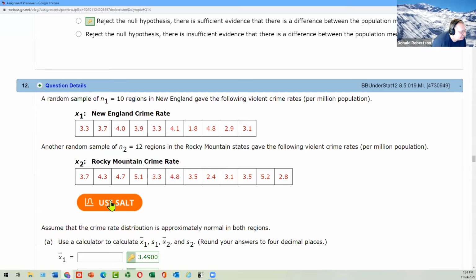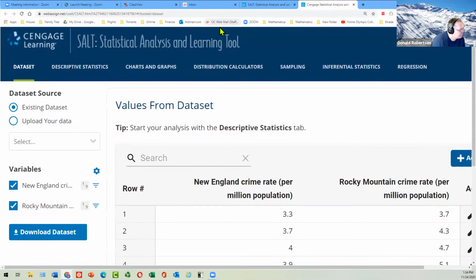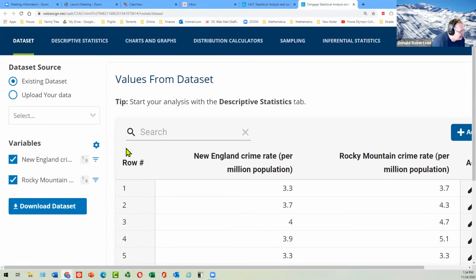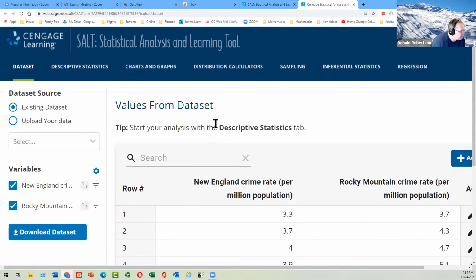If you hit use SALT, which is here, it's already pretty much got everything that you need. It already knows what the data is called. This is New England and the other place is Rocky Mountain. I think it's to do with crime figures.